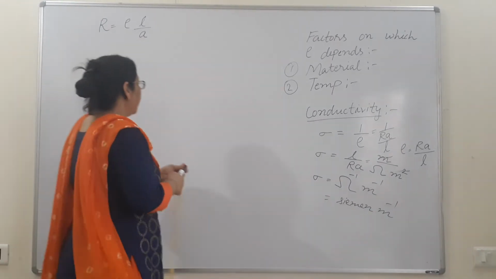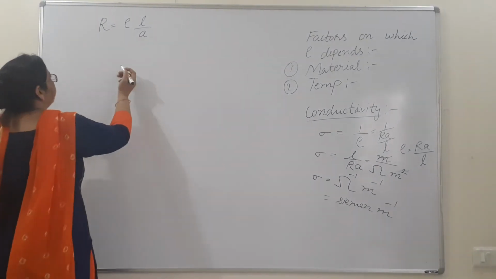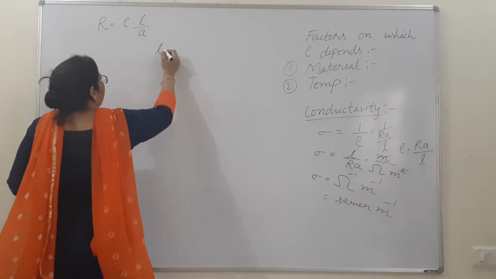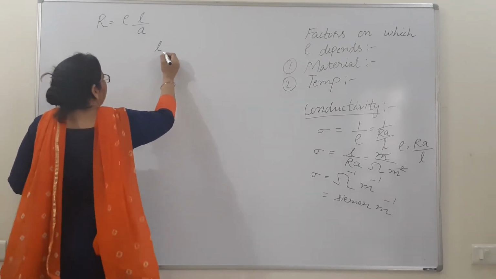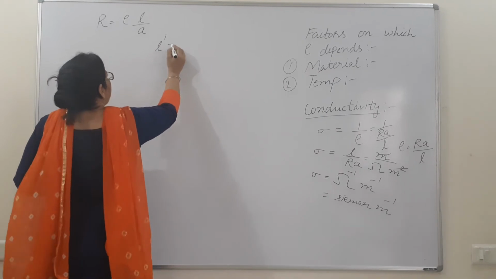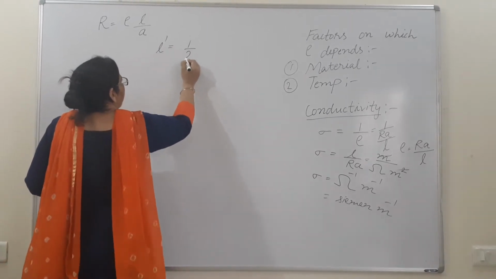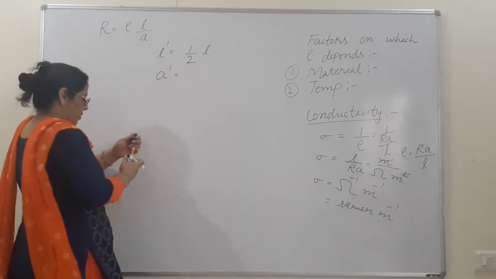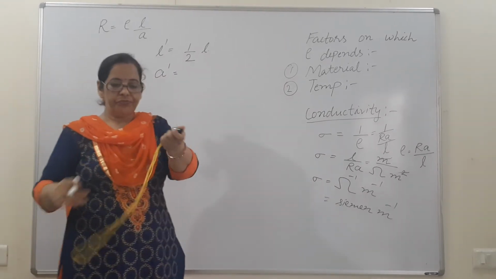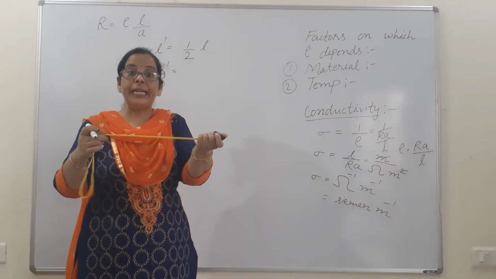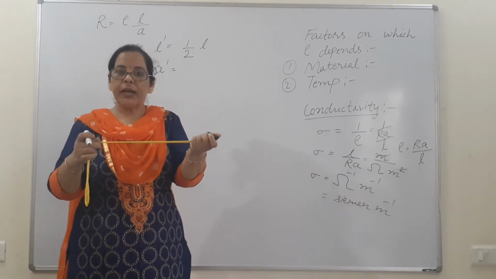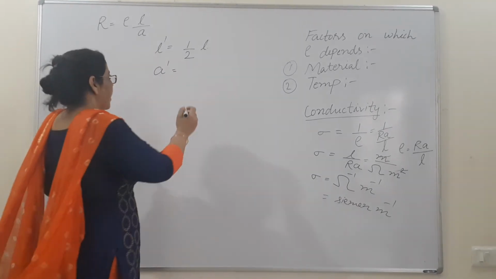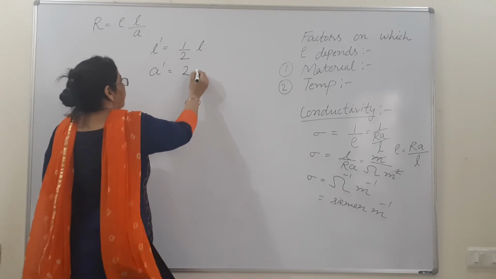Then new L will be 1 by 2 L, and its new area will become doubled. Length will become half, but its area will become doubled.